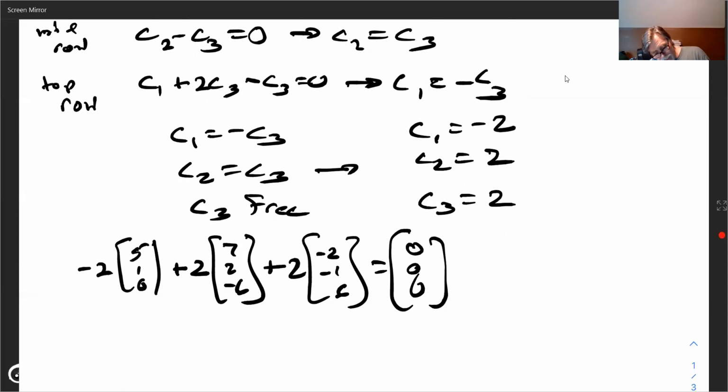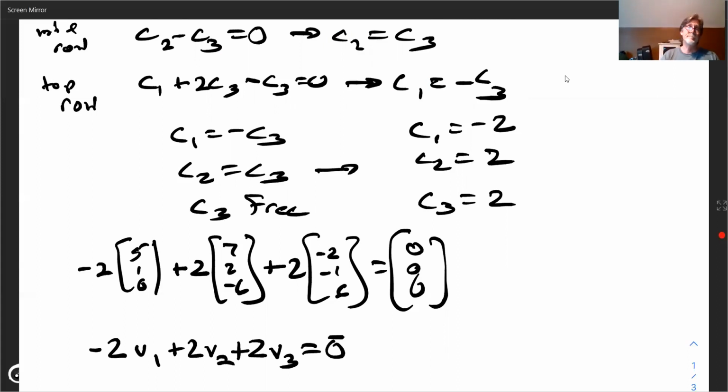So finally, what we could say is this. Minus 2 vector 1 plus 2 vector 2 plus 2 vector 3 is equal to the 0 vector. Okay. And so what that means is you can do it in all kinds of ways. You could say, for example, 2 vector 1 is equal to 2 vector 2 plus 2 vector 3.